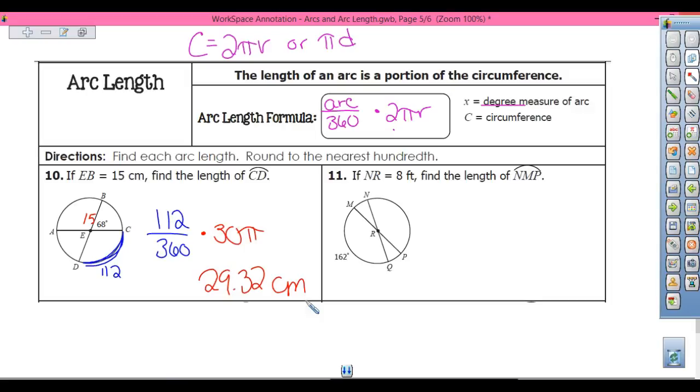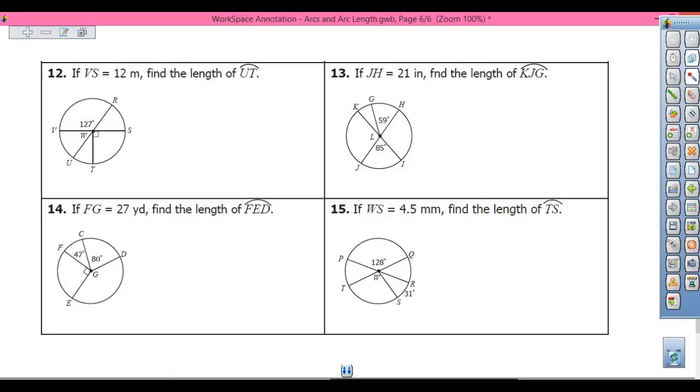Okay, so look at number 13. Okay, it tells us that, well, first it wants KJG. K through J, all the way to G. Do we know what KG is? We can find it. 26?